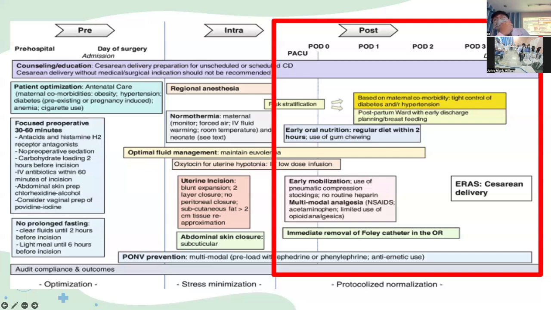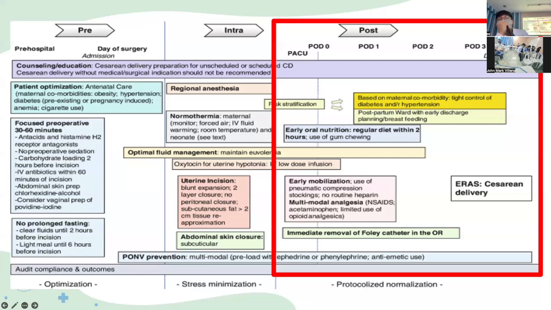Yes. Yung part mo. Yung hindi siya laparotomy.